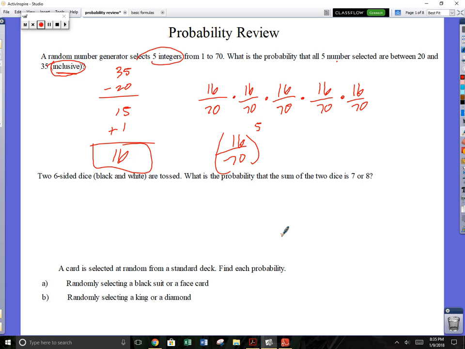Now, I don't know how they want you to express your probabilities. Let's do it real quick. If I go 16 over 70 to the 5th, they probably want you to express it as a decimal.